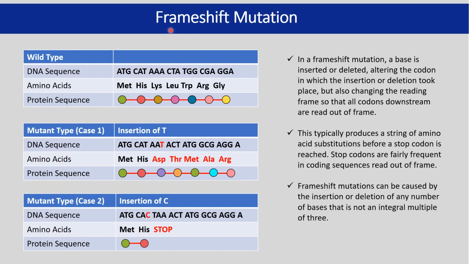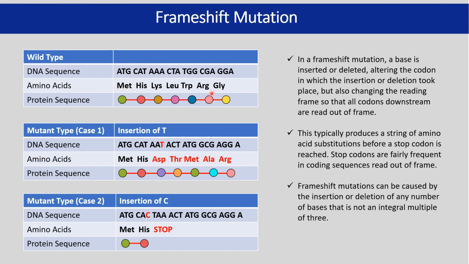Now we'll talk about the frameshift mutation. In a frameshift mutation, there is an addition of a base, or it can be two bases, three bases, or more than that, due to which there is a shift in the frame. Let us try to understand it.